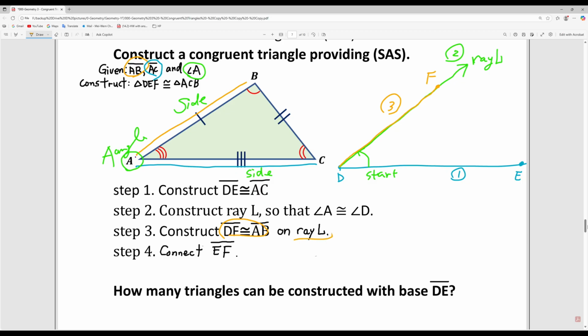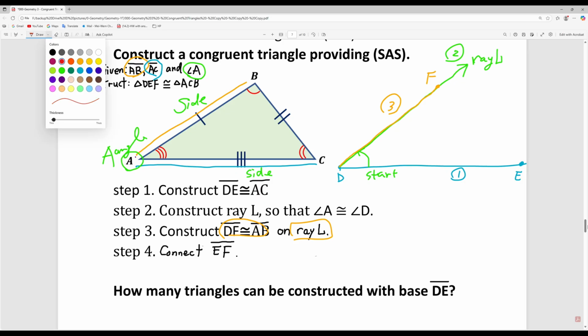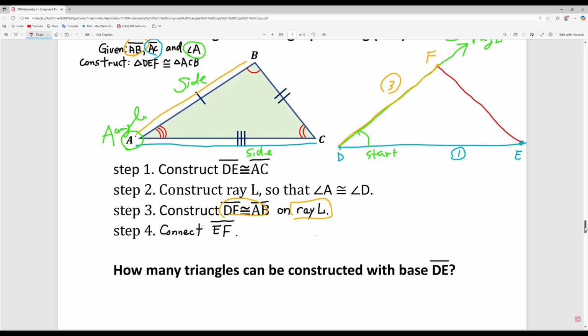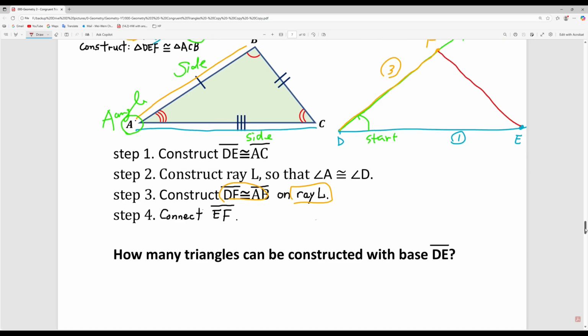So on the ray L, we construct DF equals to AB. Now, what do you have to do? The rest is you connect EF. Then you are done. Again, how do I guarantee there's only one triangle can draw on the DF to be congruent to triangle ACB?